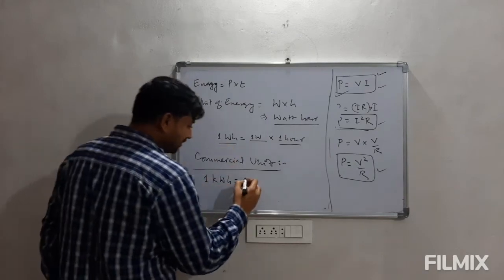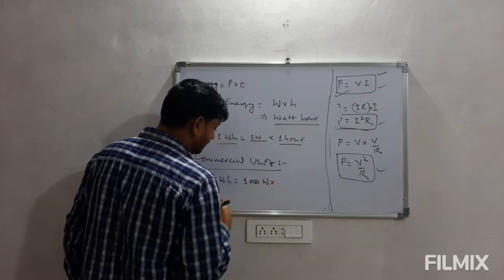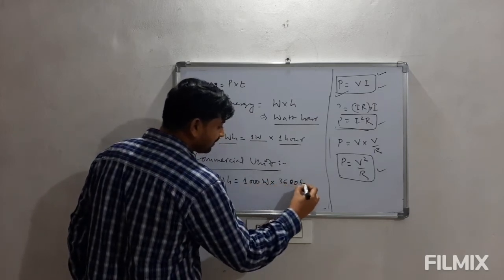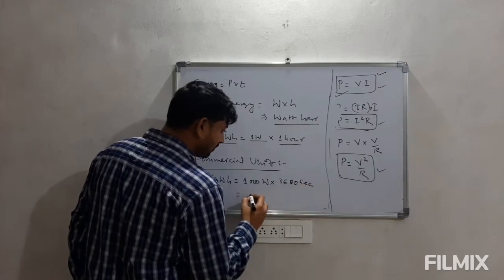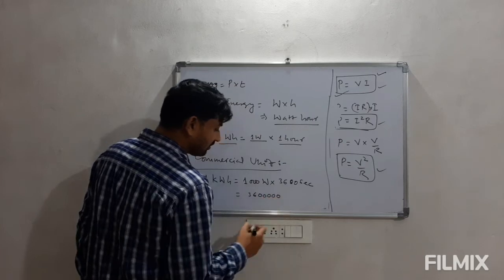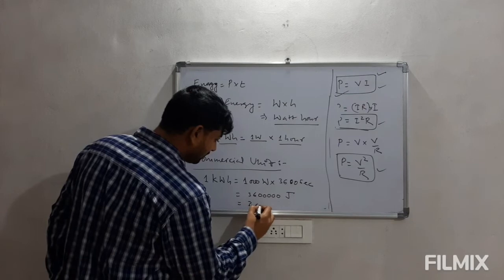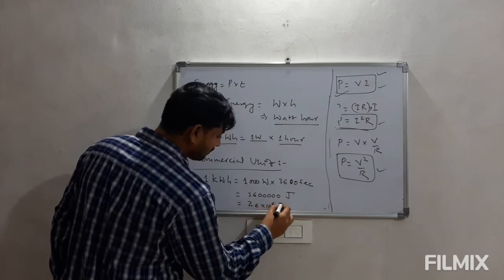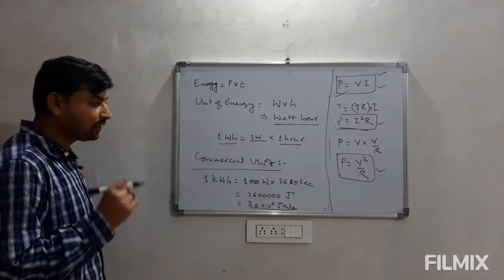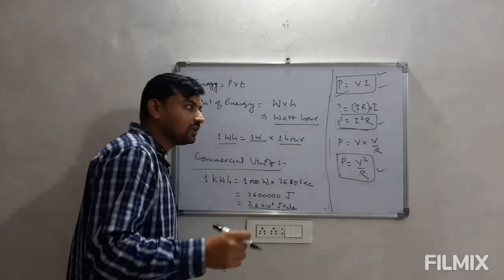Here kilo means 1000 watt, and 1 hour is equivalent to 3600 seconds. So this is 3.6 into 10 raised to power 6 joule of energy, which is dissipated when a 1000 watt appliance is operated for 1 hour.